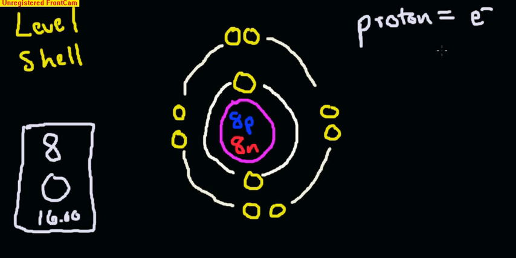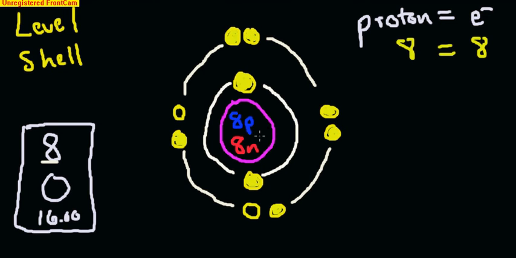E minus is electron if you write that in chemistry. So we know that we have 8 protons, and I just told you that if we have 8 protons, we're going to have 8 electrons. So let's put these electrons in the orbital level or shell. Okay? So we have 8: 1, 2, 3, 4, 5, 6, 7, 8.